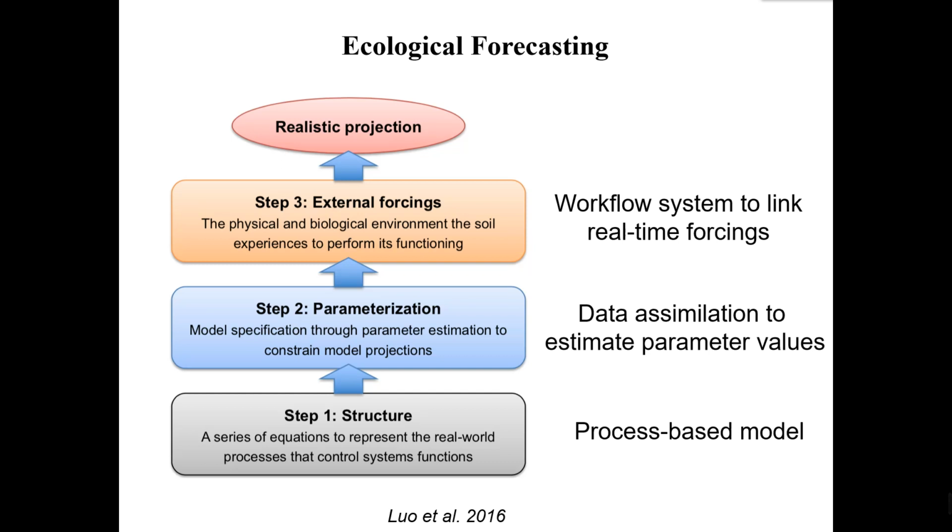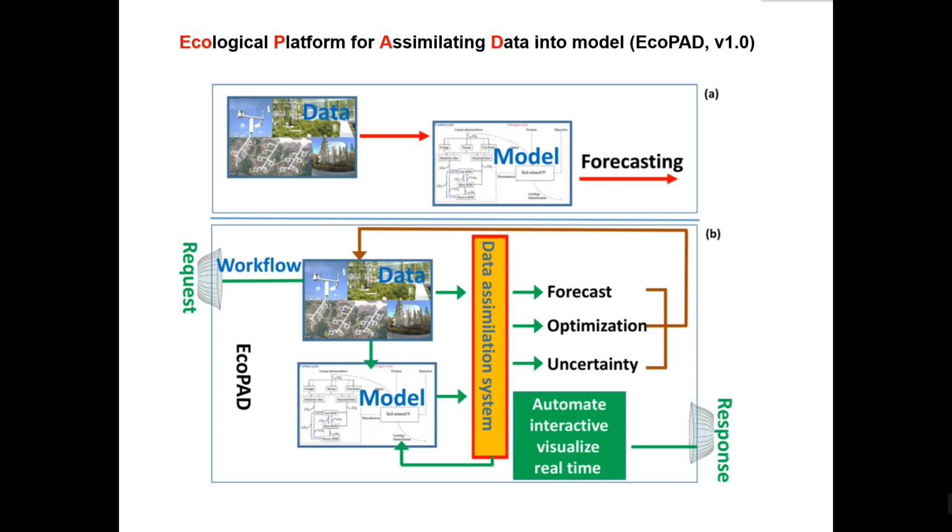Finally, we also need a workflow system to link real-time forcing to the model. Carbon cycle models usually need forcing data to drive the projections. For this purpose, we developed an ecological platform for assimilating data into model, which is named EcoPad. In the traditional way, people usually tune the model, fit the data, and then get output of forecasting.